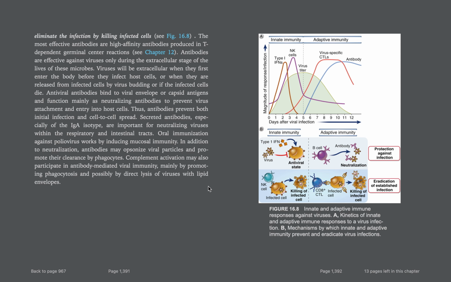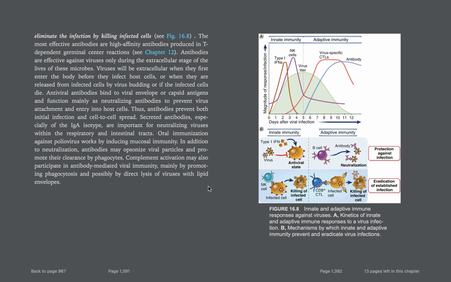Antibodies are effective against viruses only during extracellular stages of the lives of these microbes. Viruses will be extracellular when they first enter the body before they infect the host cell, or when they are released from the infected cell by virus budding, or if the infected cell dies.